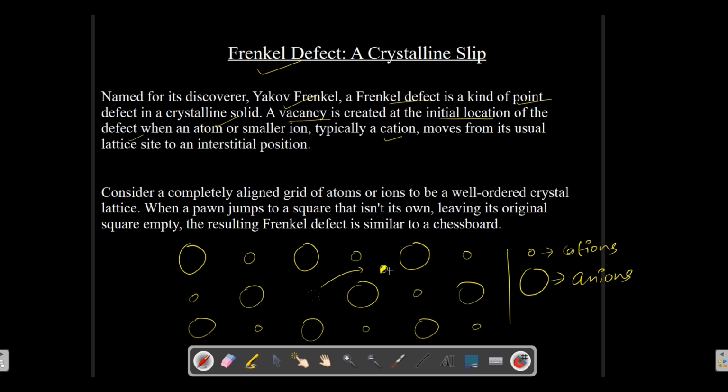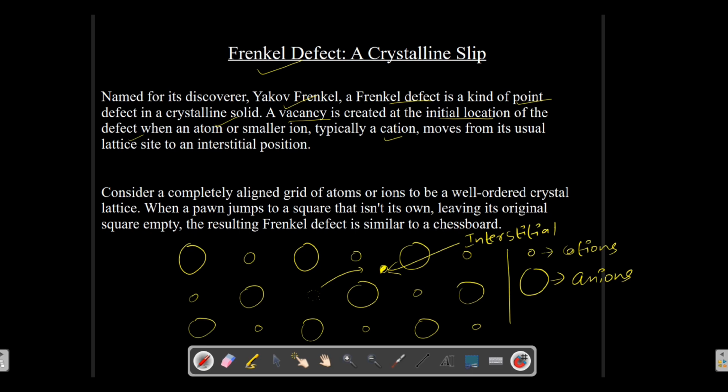This is the interstitial position. So this is a kind of defect in which an atom, simply a cation, will create a vacancy. It will lose its position and occupy an interstitial position. This is Frenkel defect. Now let's move forward.